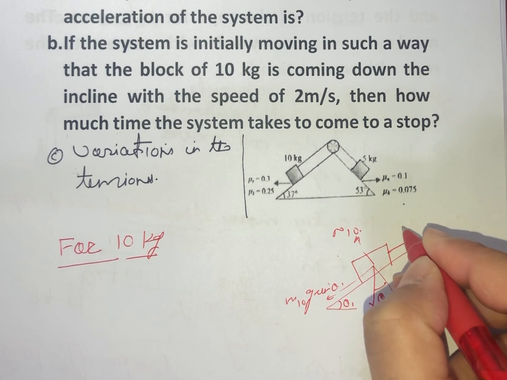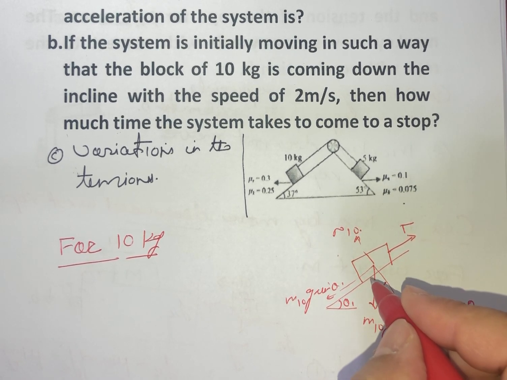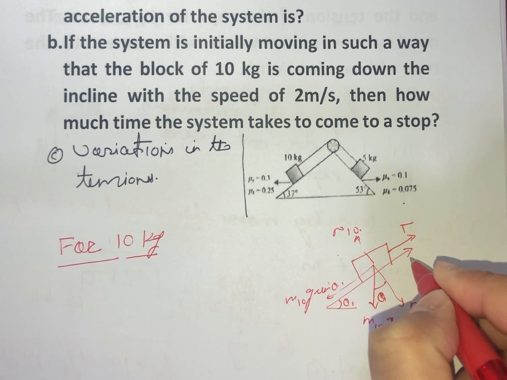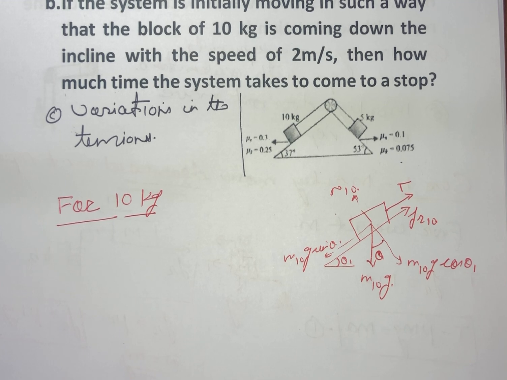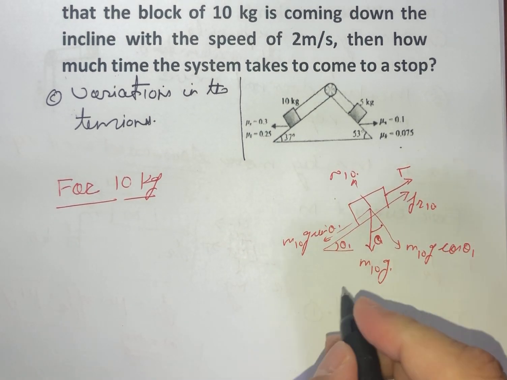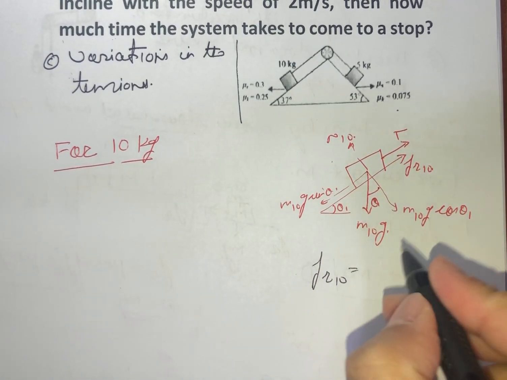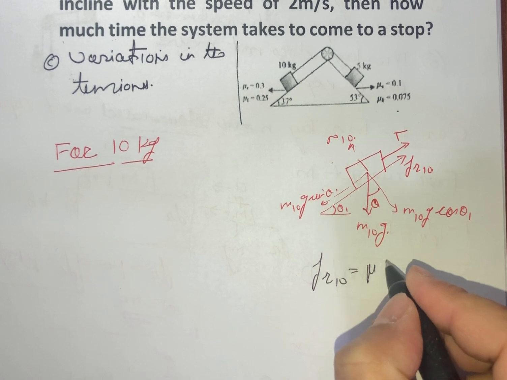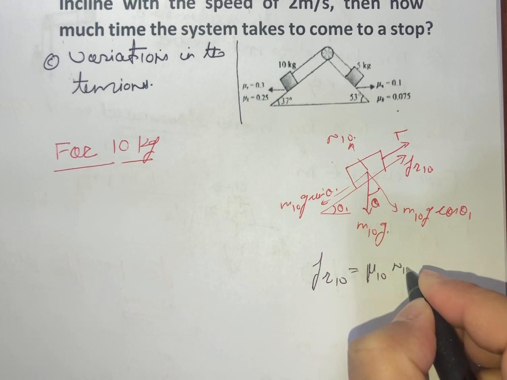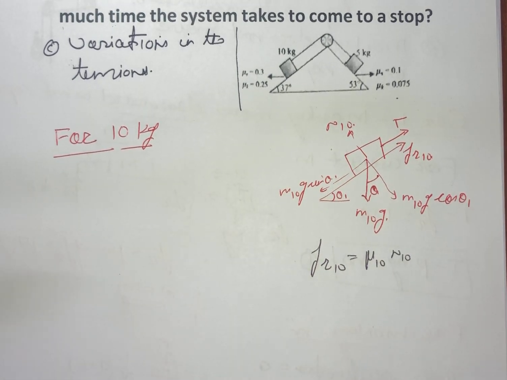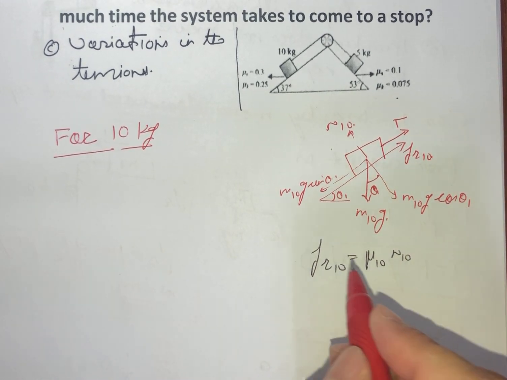and tension T. And since it has a tendency to move in the downward direction, there will be a friction. Let us call this Fr10. So we can find out the value of Fr10. Fr10 will be equal to mu10, that is static, multiplied by the normal N10, and the value of N10 will be m10g cos of theta 1.